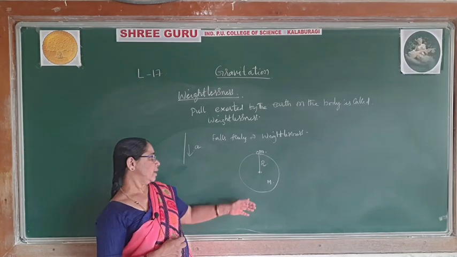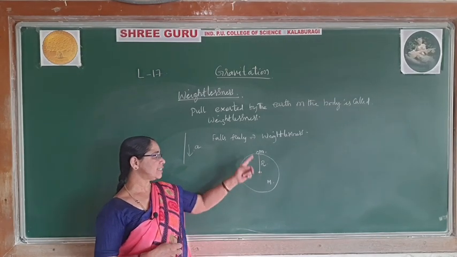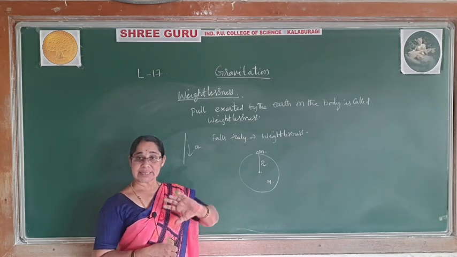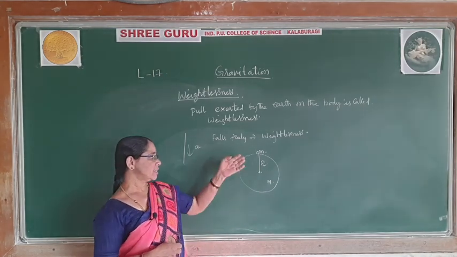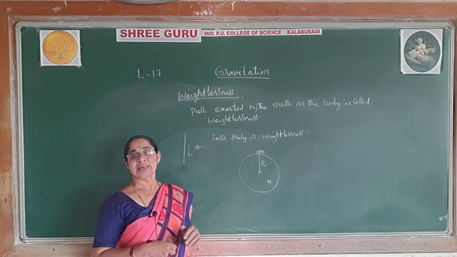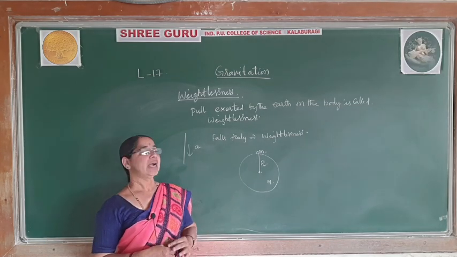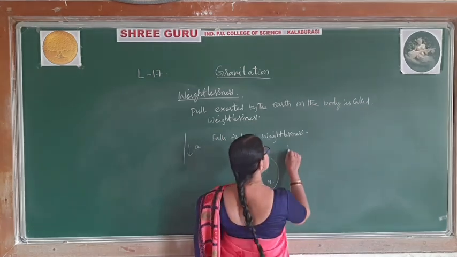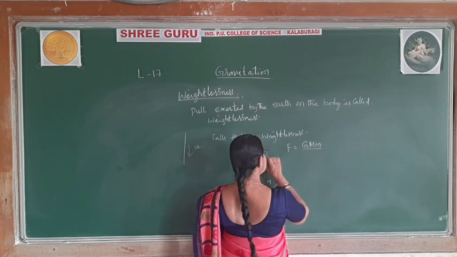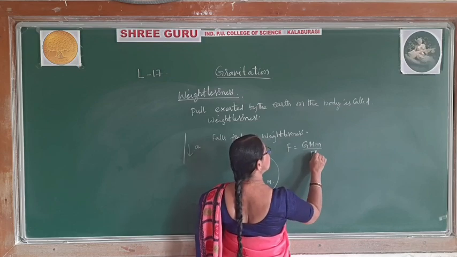So here there is a force of attraction between the mass of the earth and the satellite, and since they are separated by some distance, naturally there exists a force of attraction between them, and there arises the gravitational force. At that time we say F is equal to capital G, capital M, small m, divided by R square.